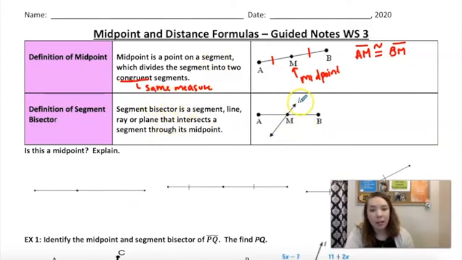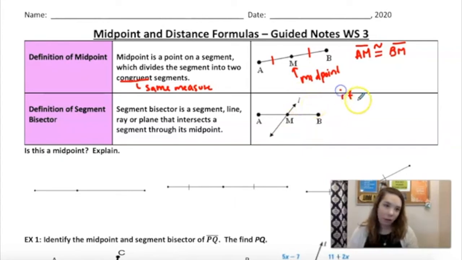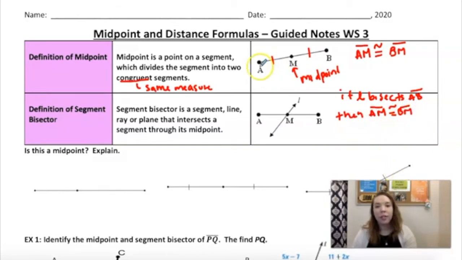So here our bisector is this line L. If L bisects AB, then that tells us that AM is congruent to BM. So that's another way we can tell that this is the midpoint: if they tell us that we have a segment bisector, because it has to go through the midpoint.